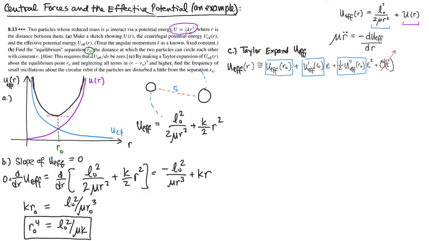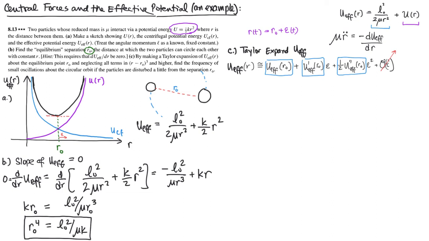And what is this epsilon? Well, here we're basically taking r to be r naught plus a deviation away from r naught. So epsilon is the distance from equilibrium. Epsilon is like a displacement from equilibrium.